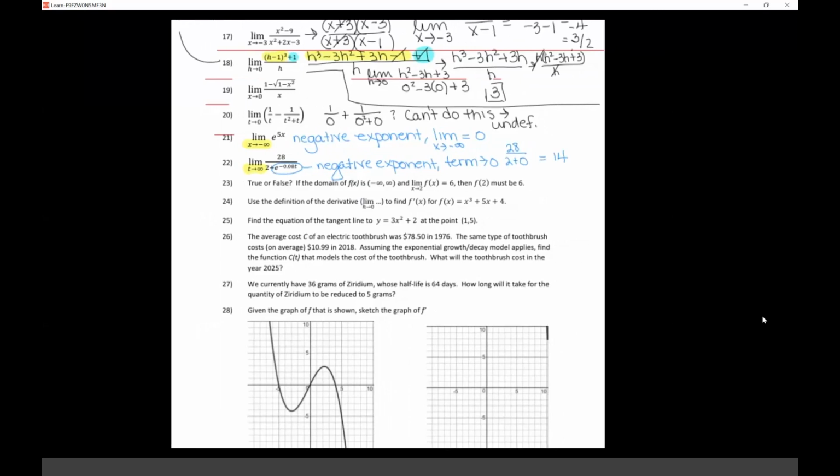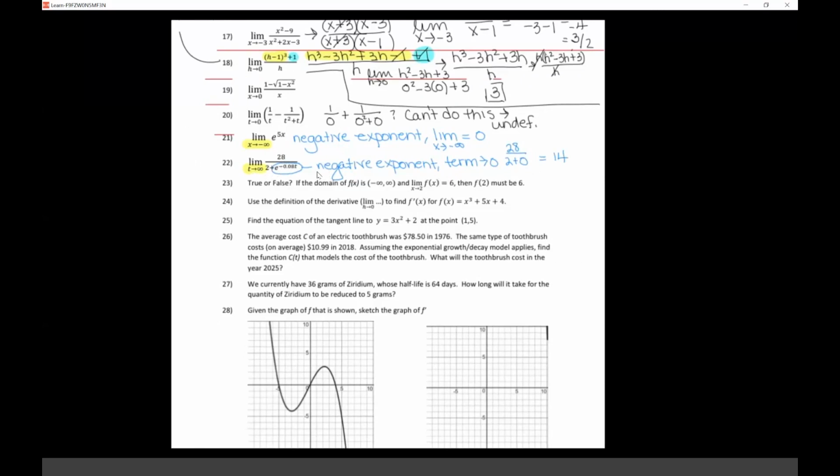You can graph this function and you can see what happens as t gets really huge. I'll do that for you just to show you. But again, the trick here is e or some base raised to a negative huge power approaches 0.